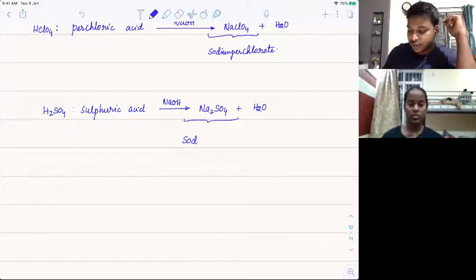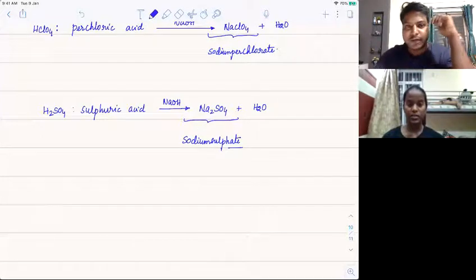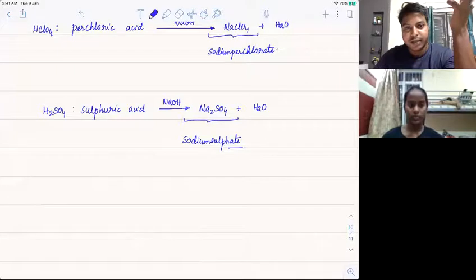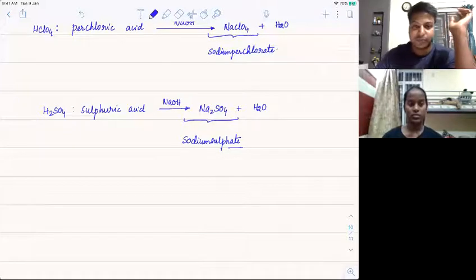This is sodium sulfate. Because it is an ic acid, it will end up with ate salt. So it is sodium sulfate salt. Got it? So any particular ic acid will always end up with ate salt. Okay, I think given any salt, now you should be able to figure out what should be the name.